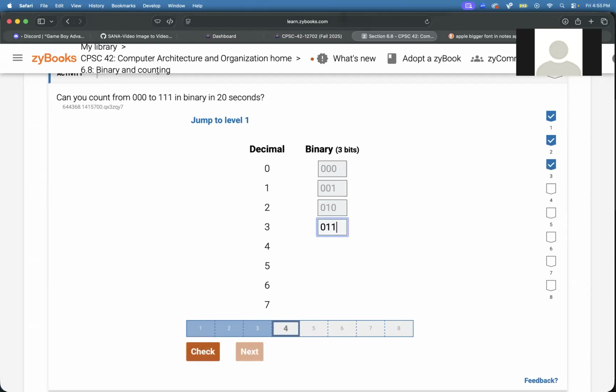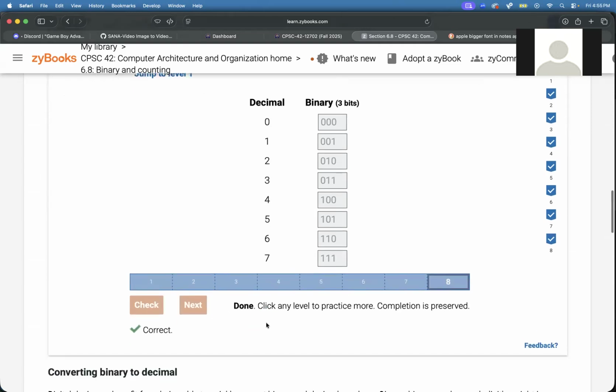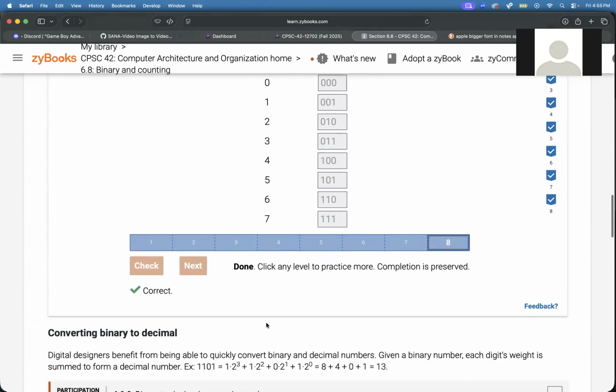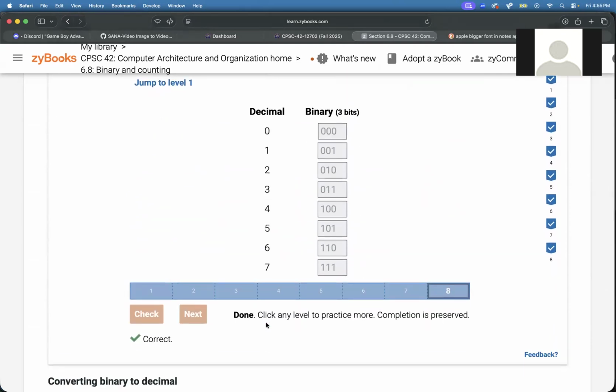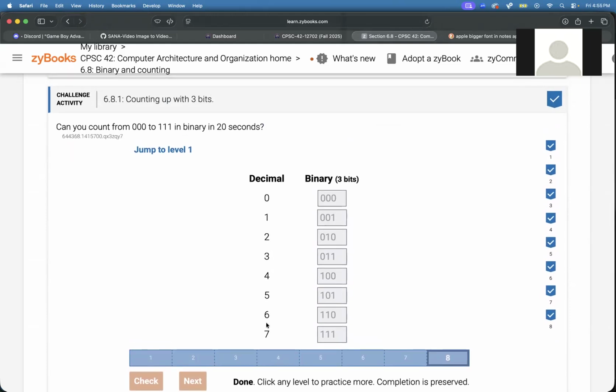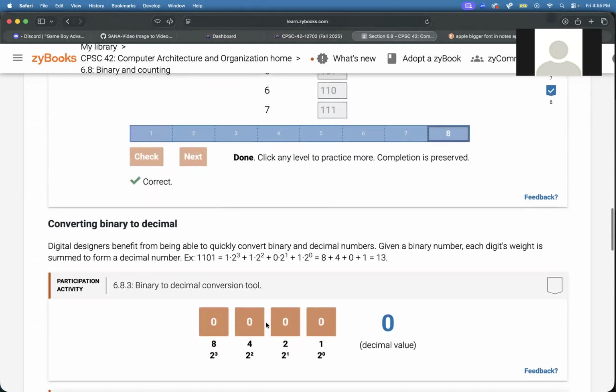Next. 3. Next. 4. Next. 5. Next. 6. Next. 7. Did it time us? I wanted it to time us. We talked rather than doing it, but interesting.